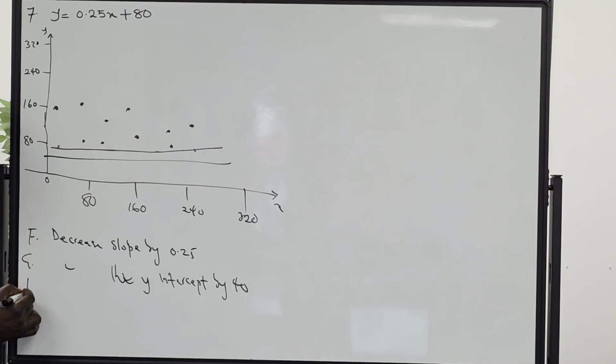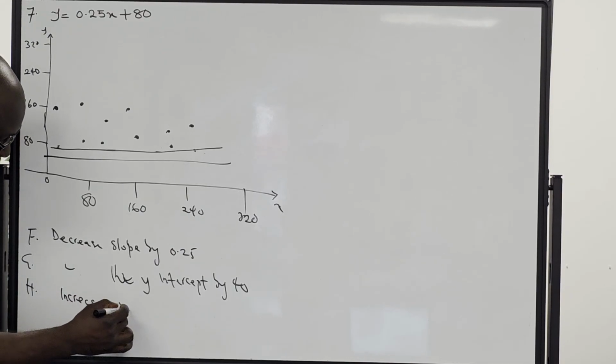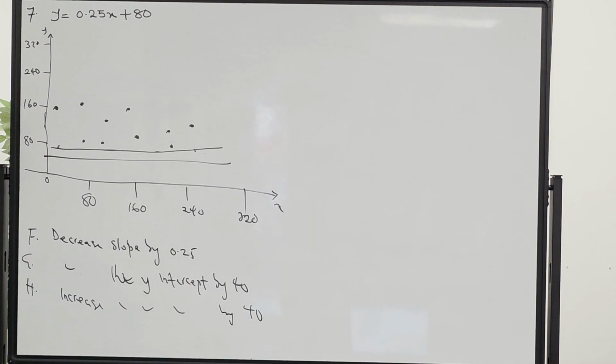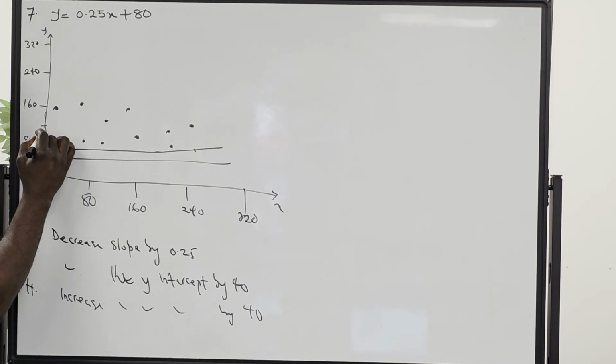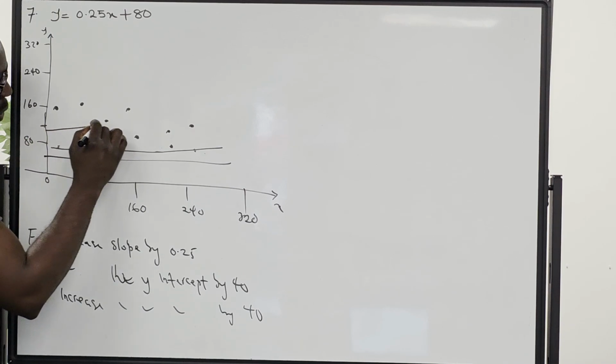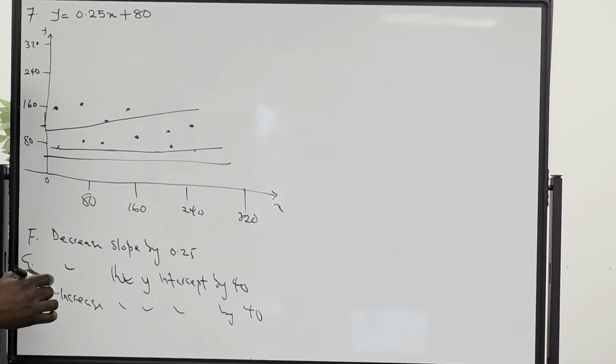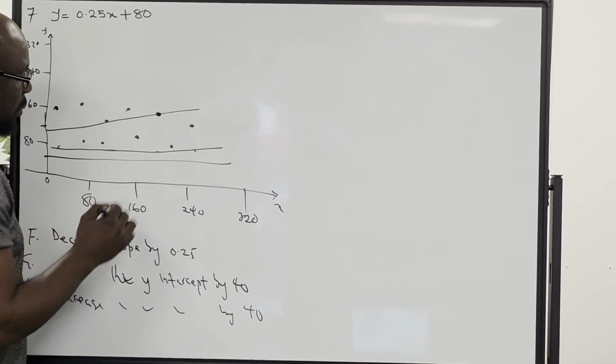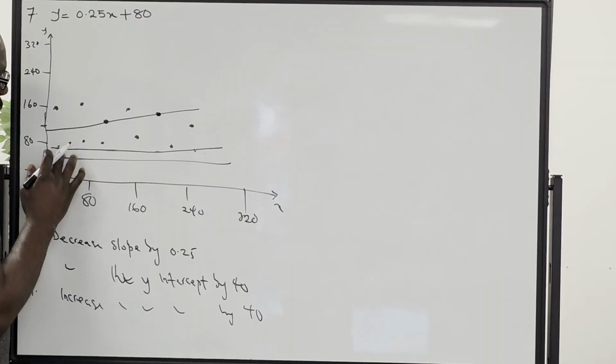The next one, option H, says increase the y-intercept by 40. If you do that, you're going to have 120, right? So now you're going to cut across from here. It's going to go across like this. And I think if you do that, you're actually going to have 2 points. There's a point right here. You have this point.